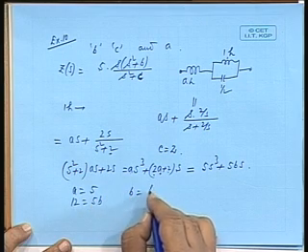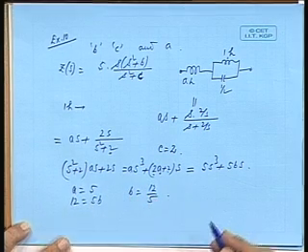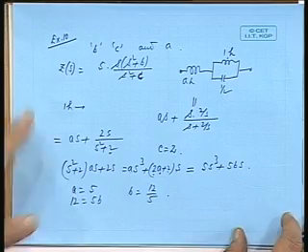Therefore, B is equal to 12 by 5. Okay. This is a very simple example.